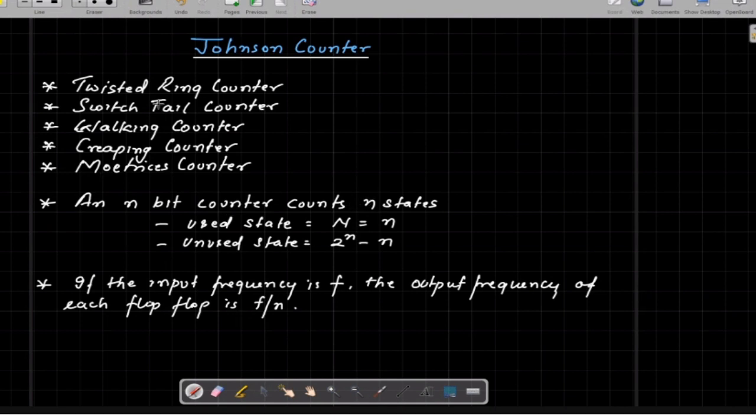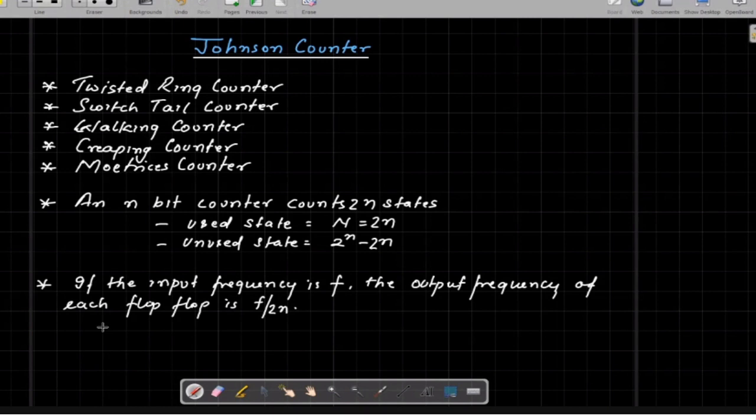This is 2n states, and used states are n is equal to 2n, and unused states are 2 raised to the power n minus 2n. And if the input frequency f is applied, then the output frequency of each flip-flop is f divided by 2.